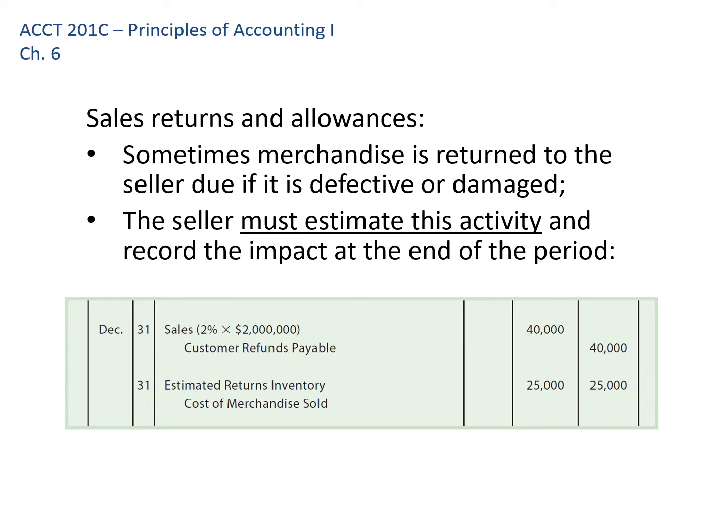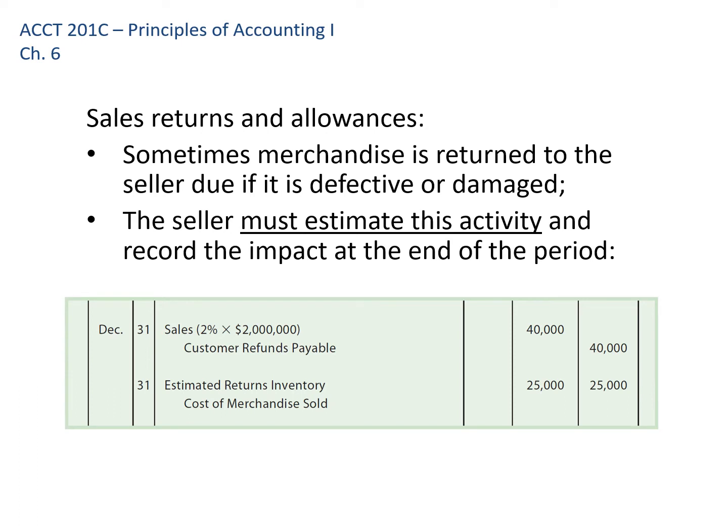So in this case here, let's say that we assume that 2% of our sales are normally returned to us in a subsequent period. So at the end of the period, we would take our total sales, in this case it was $2 million in this example, and we would reduce our sales by 2% of $2 million.